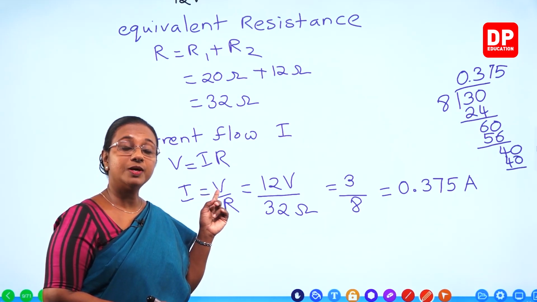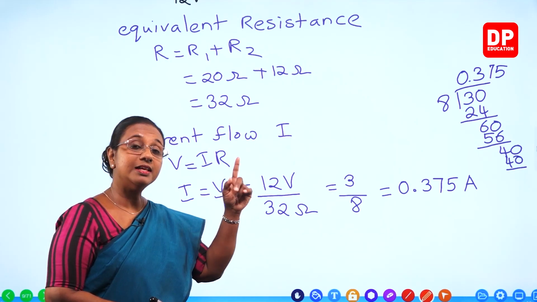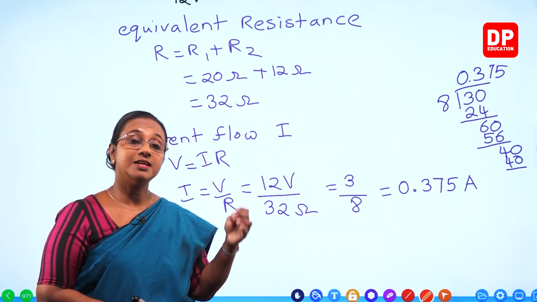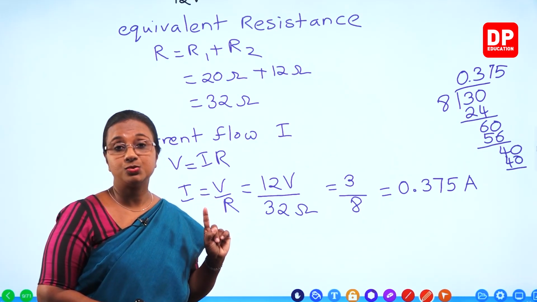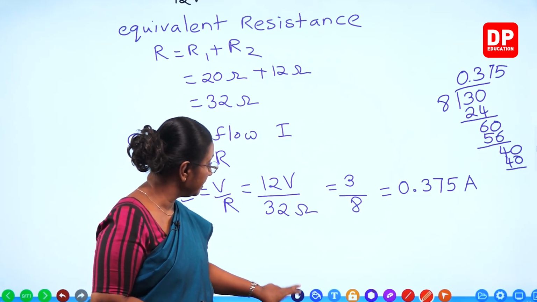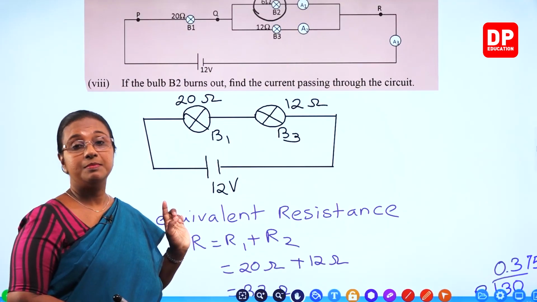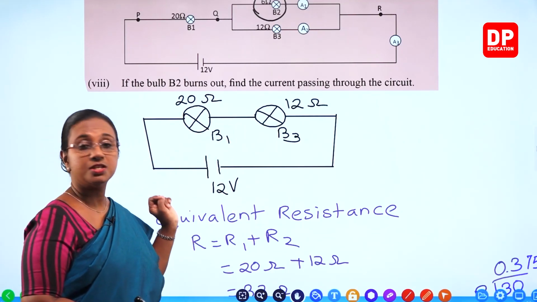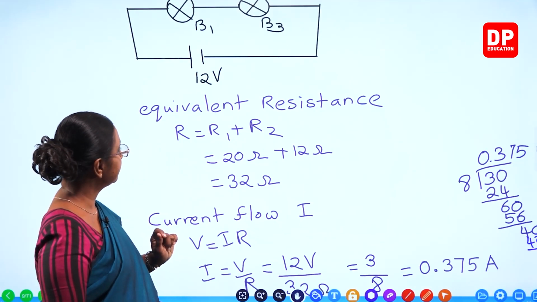Now you can see the current flow has decreased further. Earlier the current flow was 0.5 amperes. Why? When the other resistor, that is bulb 2 was there, the equivalent resistance was less because there was a parallel combination as well. But now the combination has become a series combination. 20 ohm, 12 ohm and the potential difference 12 volts. So you need to find the equivalent resistance.